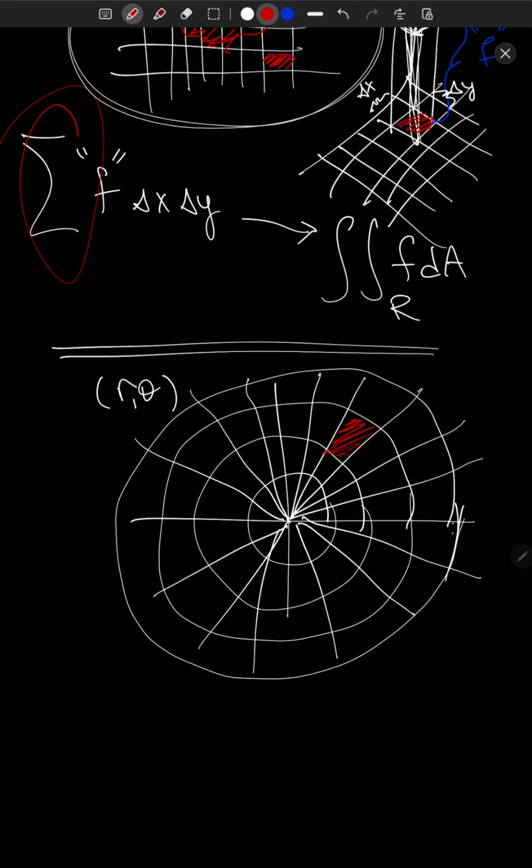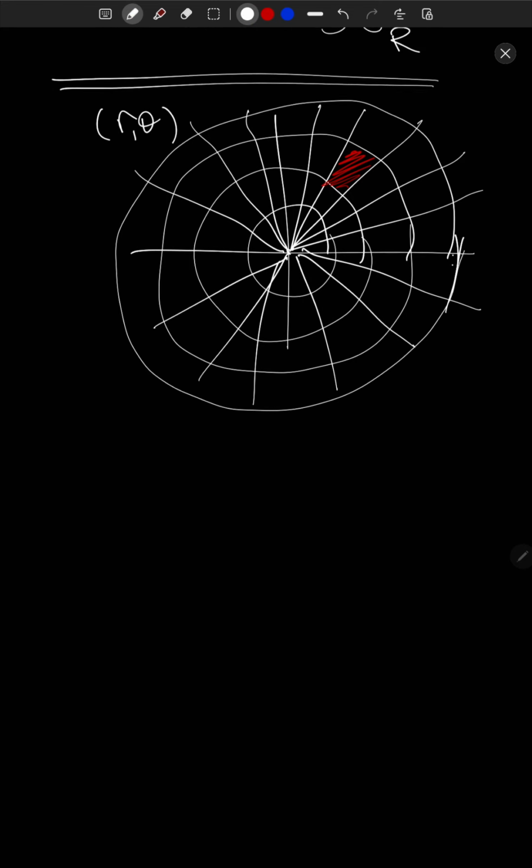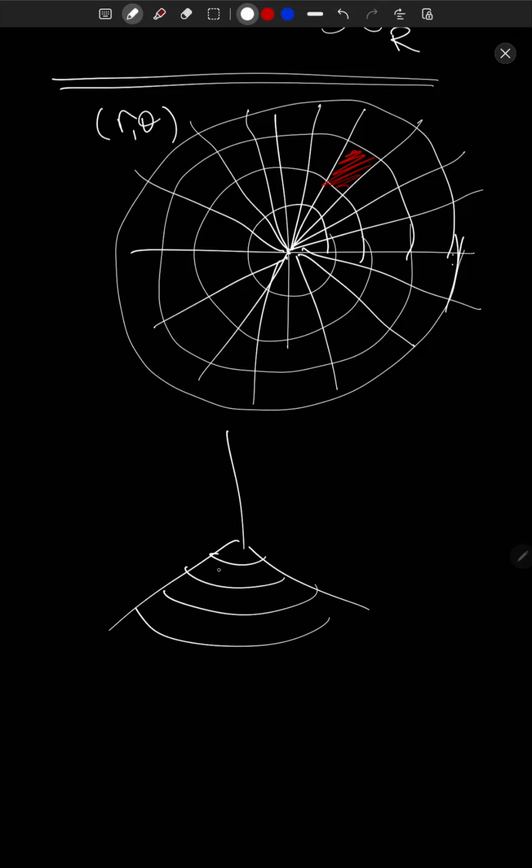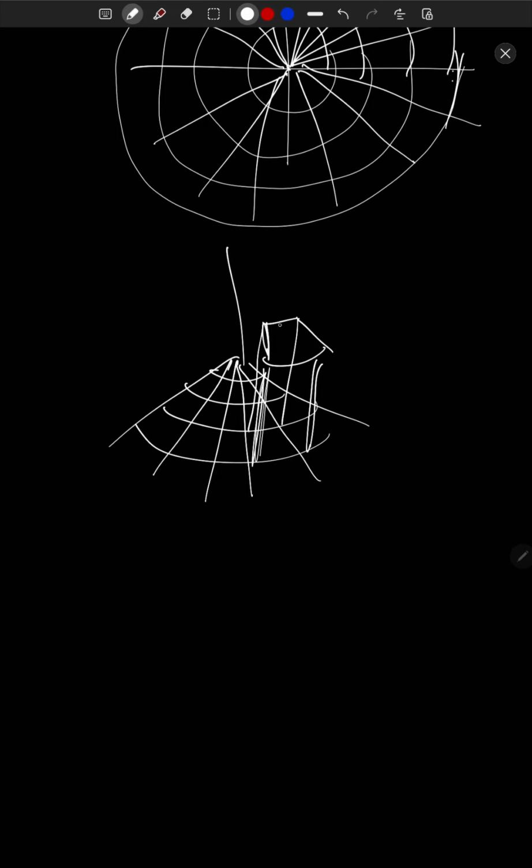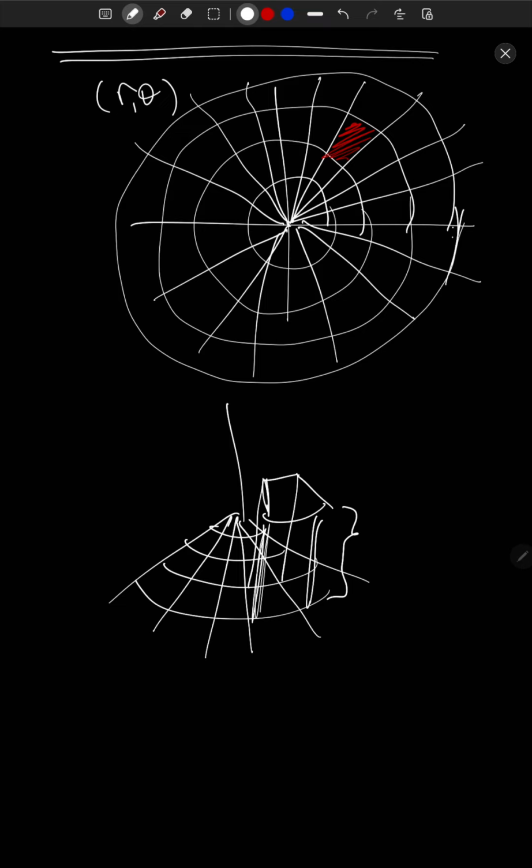But the idea is roughly the same: if we want to calculate the volume under the graph of a function, we're chopping up our region like this and picking up a wedge-like box like that. The volume of this wedge helps me approximate the volume under the graph of my function. The height is going to be the same as before, the height of my function at a point inside the wedge.